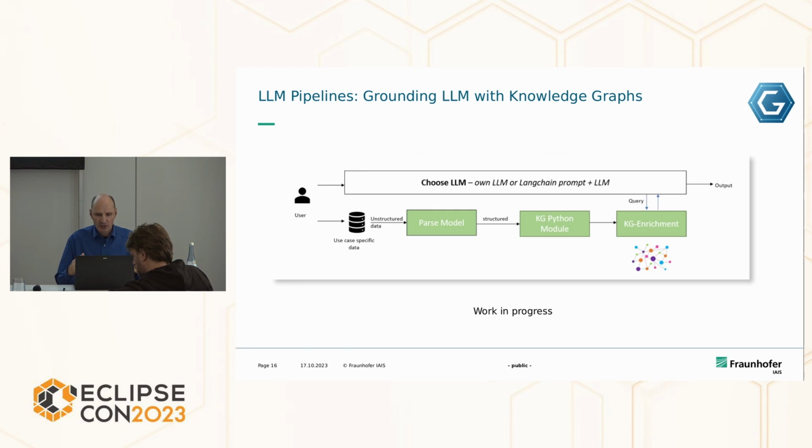Then we are also using LLM pipelines. It has become more important in the last 12 months since ChatGPT came up. For example, we are working on a pipeline to ground an LLM with a knowledge graph.